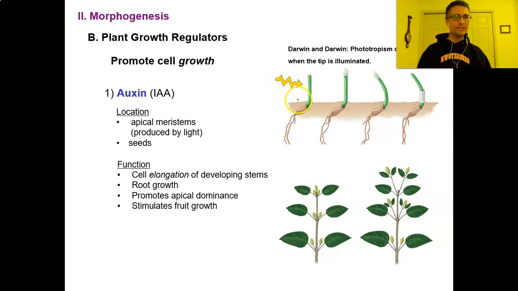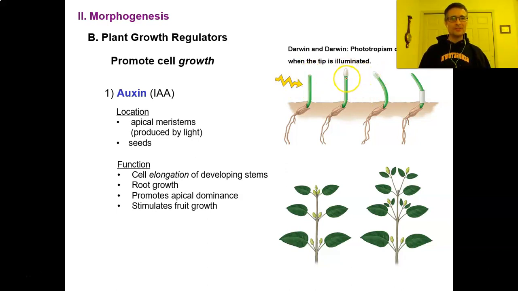Now, if this were a normal seedling, as you remember from our plants in motion video, the seedling should start to grow towards the light. But the Darwins noticed that when they chopped off the apical meristem, it just grew straight up, almost as if it wasn't responding developmentally to that light. To see what it was about the meristem that was causing this response, they tried a couple of subsequent experiments.